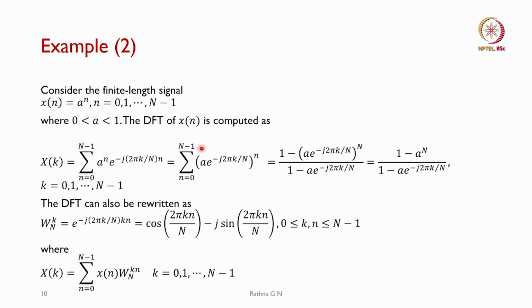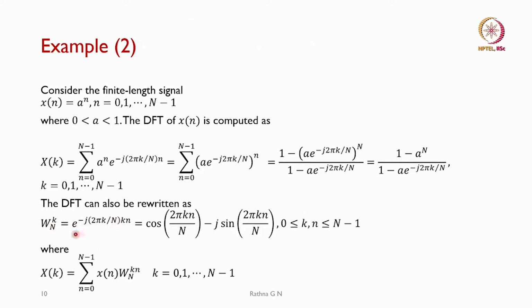By simplifying, what we will get is 1 minus a to the power of N by 1 minus a e power minus j 2 pi k by N, and k is going to vary between 0 to N minus 1. We can represent this DFT with W N k n, which we call the twiddle factor, given as e power minus j 2 pi by N into k n.